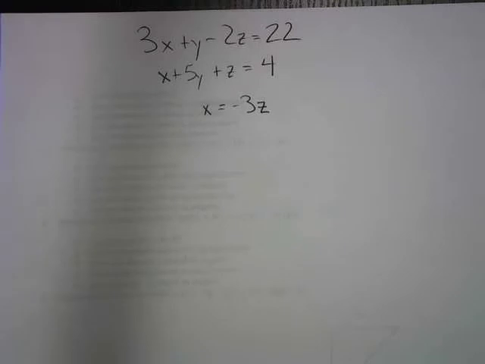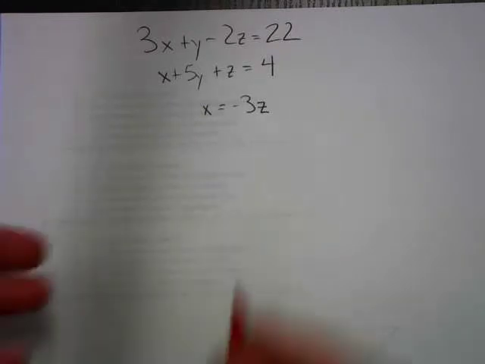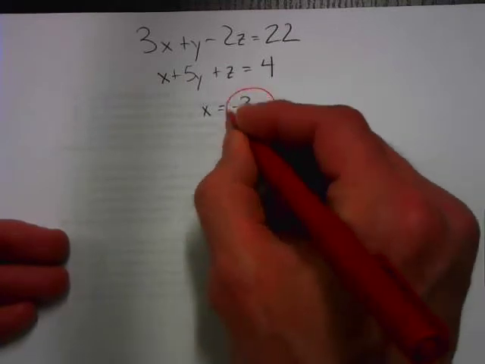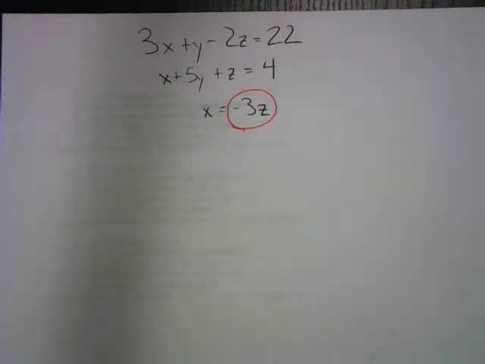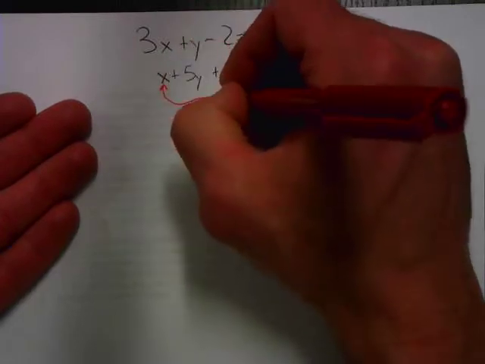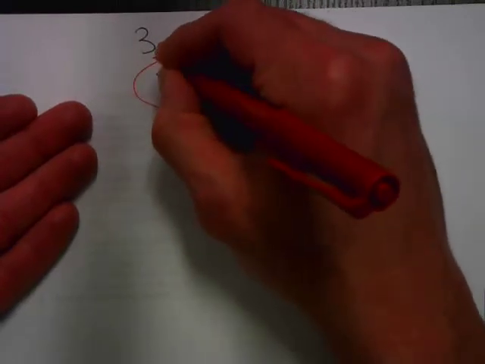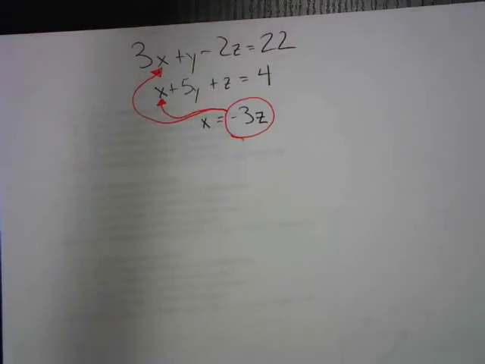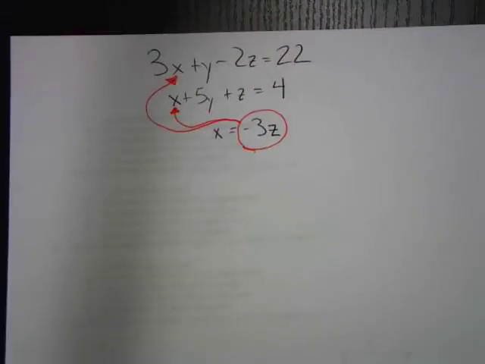So we have our system of equations. And again, the question is, can we make 2 equations with 2 variables? Well, what's funny is that in this system, I already give you what x is. And what is x? x is negative 3z. So what could we do with that value for x? We could substitute it into both of the other 2 equations.